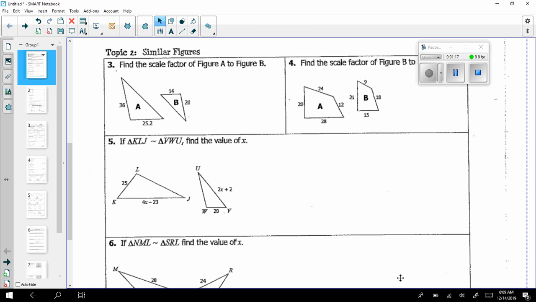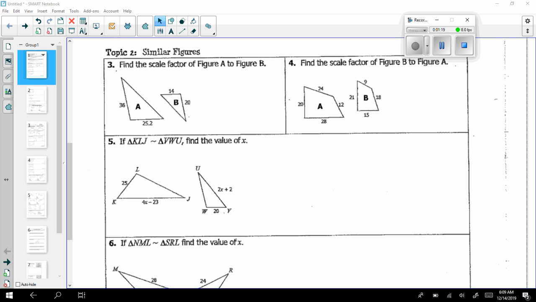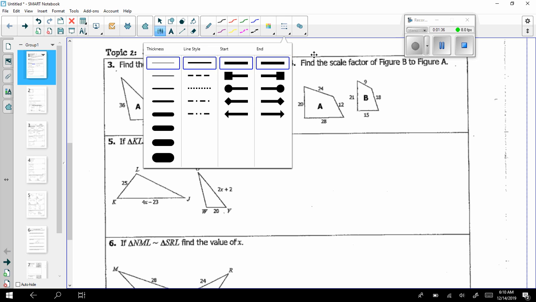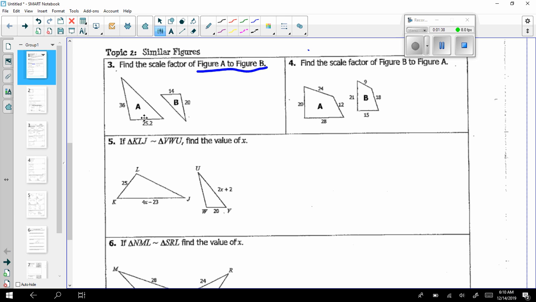So remember that order matters when they're being specific about which one's which, like if we want to do figure A to figure B. If I'm doing figure A to figure B, this is going to be my top one, and this is going to be my bottom one.